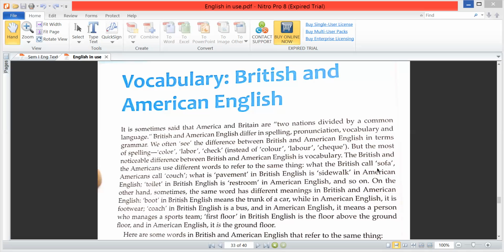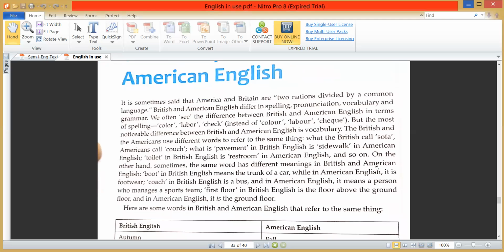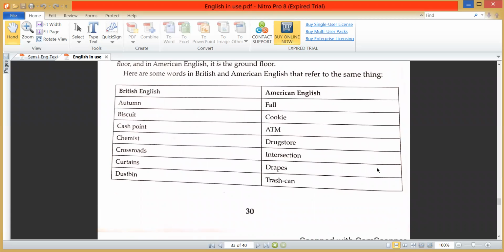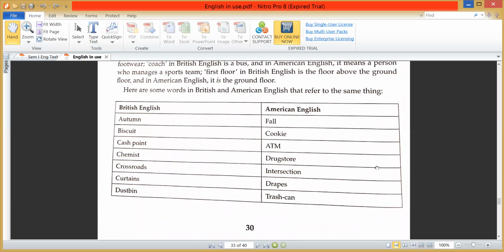Coach is the word used for a bus in British English, whereas in American English it means a person who manages a sports team or gives coaching to people. First floor in British English is the floor above the ground floor, whereas in American English the ground floor is the first floor. Autumn is fall in American English.